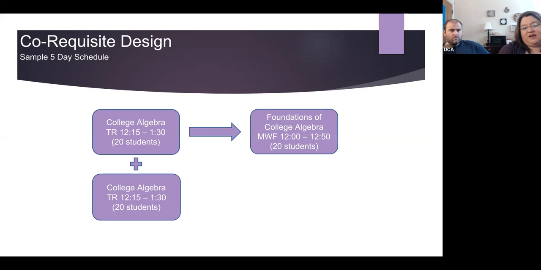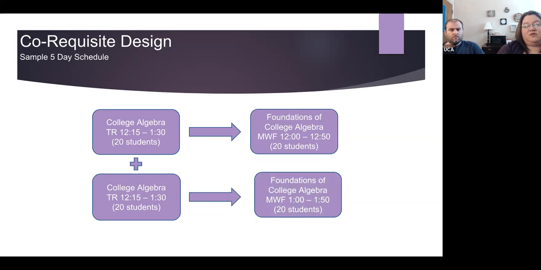Half of that class will meet you Monday, Wednesday, Friday at noon for their foundations of college algebra. That's just 20 students. That's another 3 credit hours in your faculty load. And then the other half will meet you for foundations, let's say Monday, Wednesday, Friday at 1.